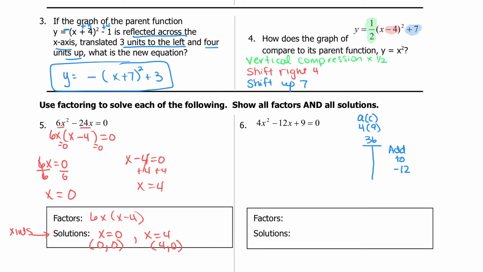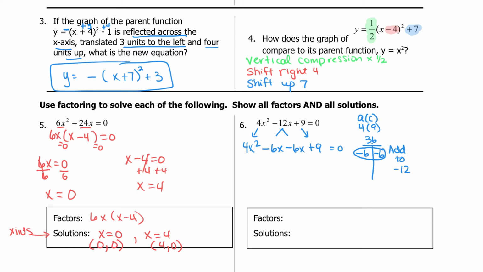Okay, well, that's going to be negative 6 times negative 6. Negative 6 times negative 6 does give you 36, and negative 6 plus negative 6 gives you negative 12. So you're going to bring down that first term, split your middle term into what you just found, which was negative 6x, and then bring down your plus 9.